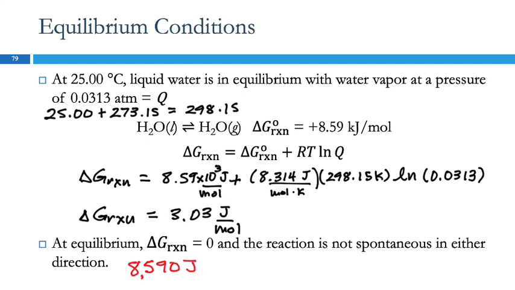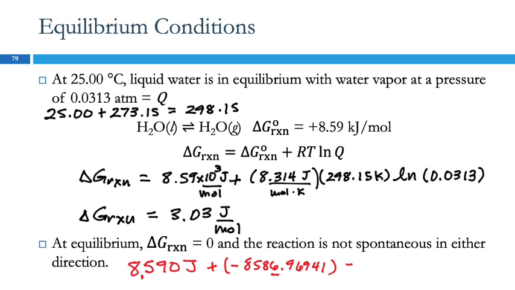And then we are adding 8.314 times 298.15 times the natural log of 0.0313, which is negative 8,586.96941, and that's going to have 4 sig figs at the max because of this one.